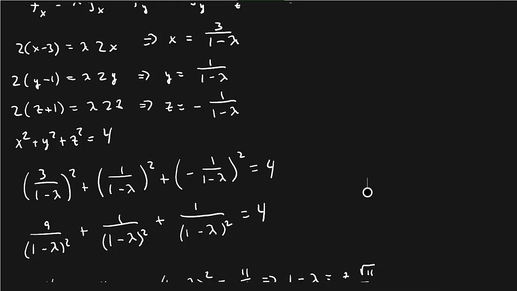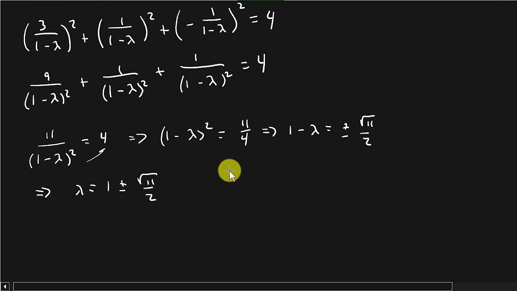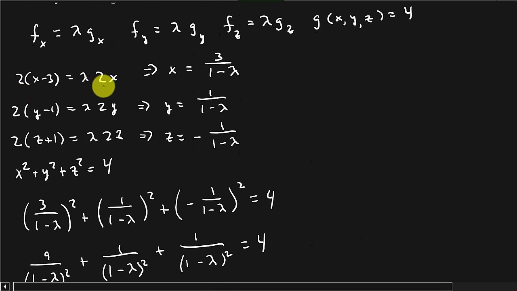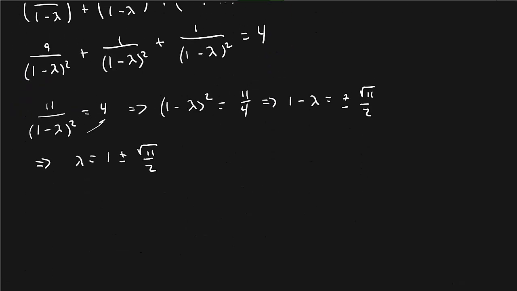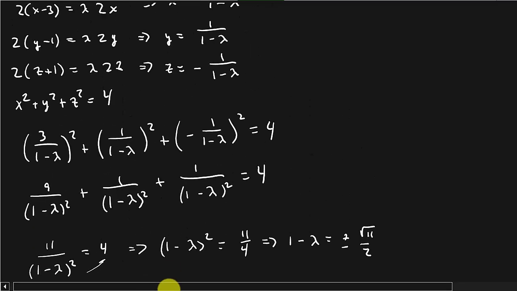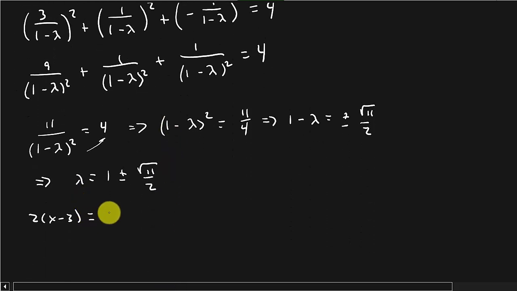Let's see, what can we do here? I'm going to write down this one and plug it in and show you. So we've got 2 times (x minus 3) equals lambda times 2x.